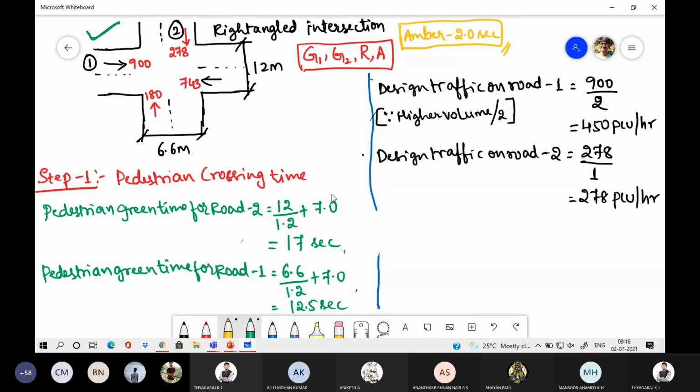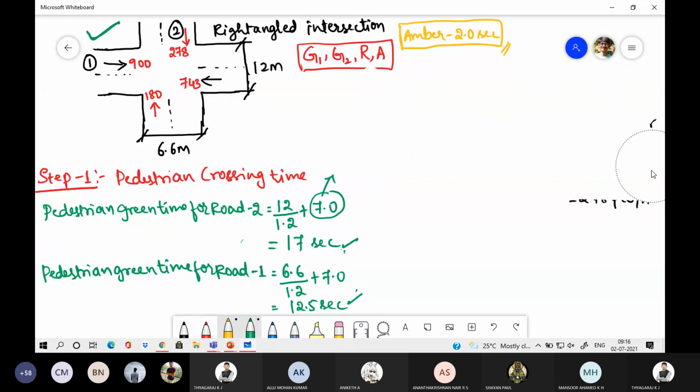This 7 is the time required for the pedestrian to cross the road, and we know the distance traveled by the pedestrian. Then the walking speed of the pedestrian is also known. So we have got 17 seconds and 12.5 seconds. Is it clear? Can you respond? Is it clear? Yes, sir. Okay.